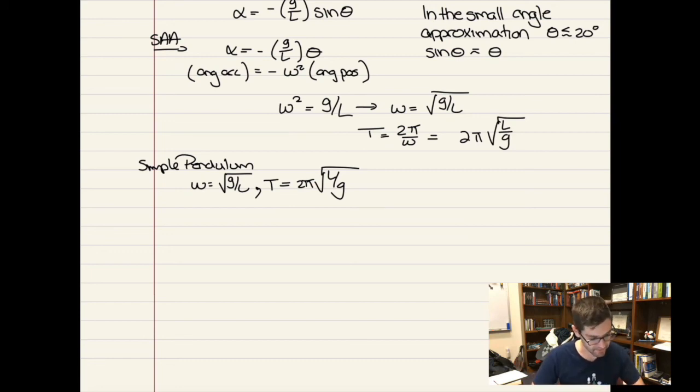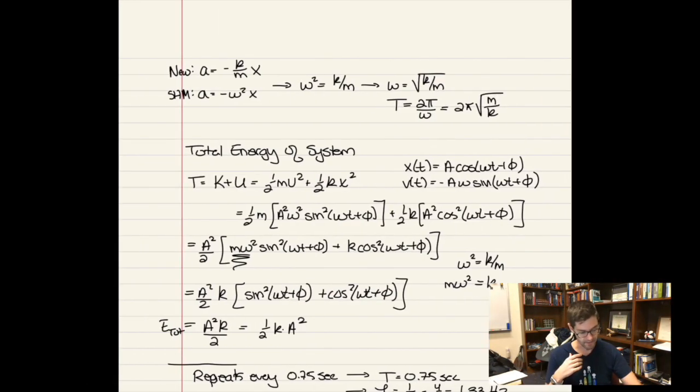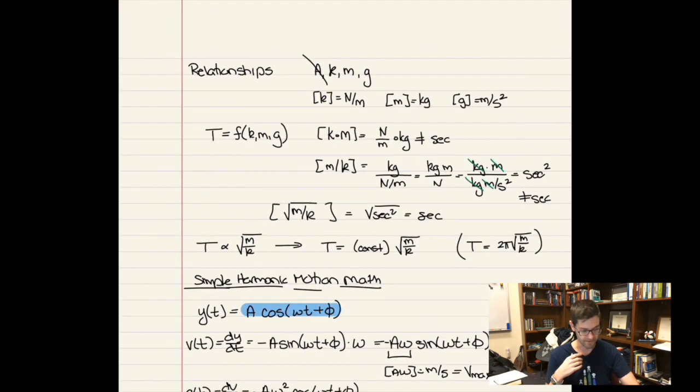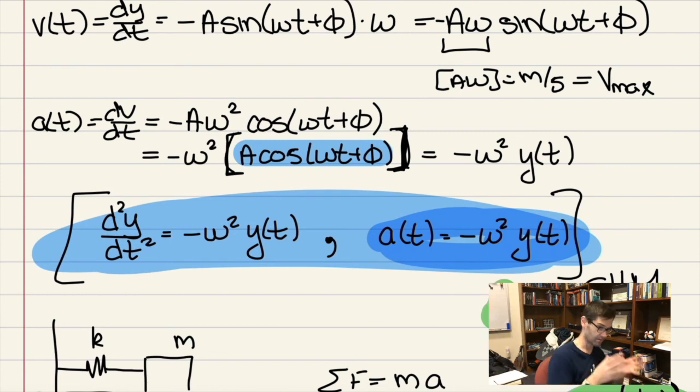So again, what is the takeaway here? The takeaway is for simple harmonic motion, if you want to study oscillations, physics determines things like the angular frequency. We can determine what that is by looking at the expressions, usually via Newton's second law, and finding instances where I can show there is a connection between the position and the acceleration, where they're related by a minus a number.